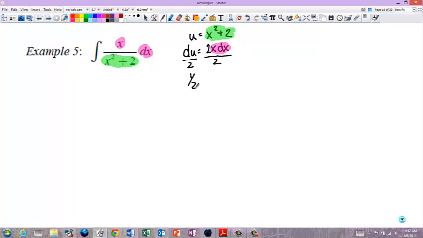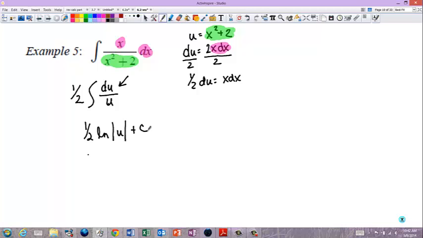So I have 1/2 du equals x dx. So I always put my constant in the front. My du is my x dx, so it's on the top, and my x squared plus 2 is my u. You should recognize that as natural log. That's the same thing as 1 over x. Memorize that. That is natural log. So this is 1/2 natural log, and you always have to put absolute value on your natural log, plus c. So it's 1/2 the natural log of x squared plus 2 plus c.